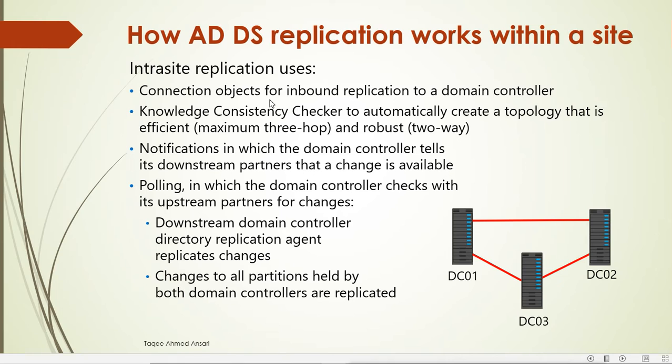Connection objects for inbound replication to a domain controller: there is a connection object created, and they define the connection status. Then the Knowledge Consistency Checker automatically creates a topology that is efficient, maximum 3-hop, and robust, 2-way.